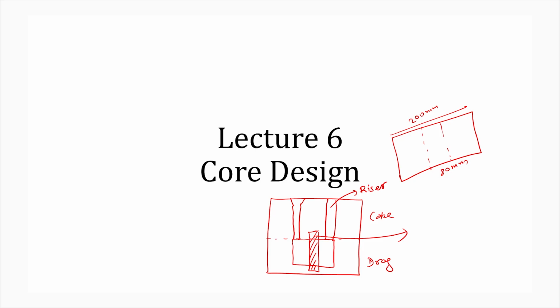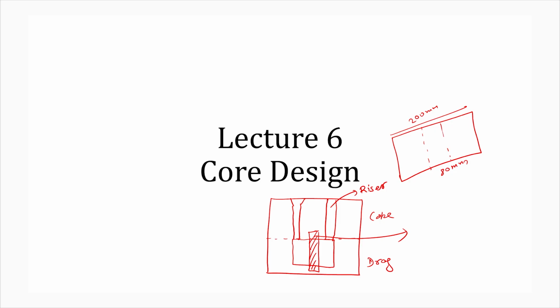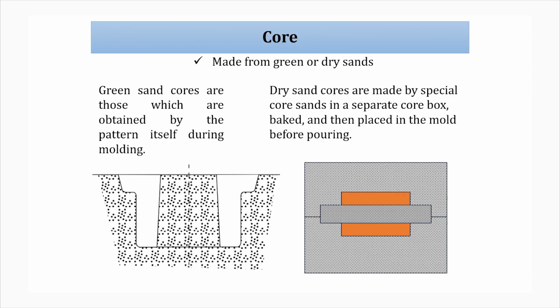That is core designing, the force calculation and all. After solidification, you just break this core. What will happen? There is no metal, only sand, so we can break it easily and get a hollow feature in this casting. So, core is used to make a hollow product.